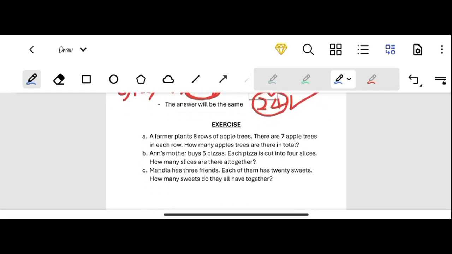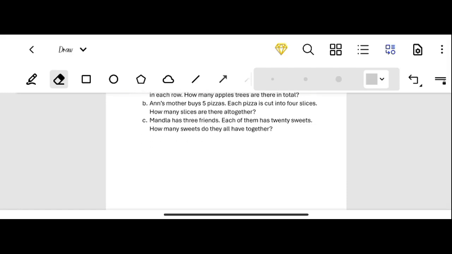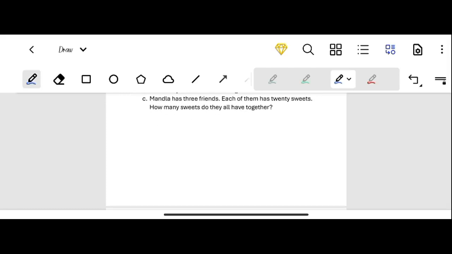I have a mini exercise down here. It says, a farmer plants 8 rows of apple trees. There are 7 apple trees in each row. How many apple trees are there in total? So remember, we have 8 rows: 1, 2, 3, 4, 5, 6, 7, and 8.